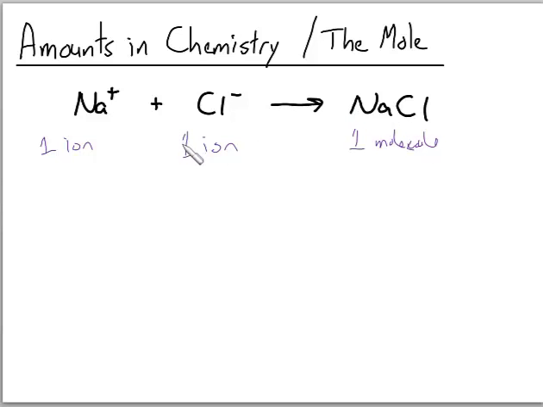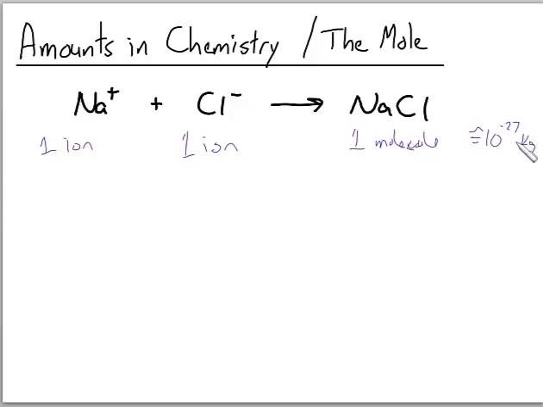Well, there's a problem with this. 1, 2, 3, any small number of a single ion or a single molecule, you're talking about a mass somewhere in the range of, give or take, 10 to the minus 27 kilograms.